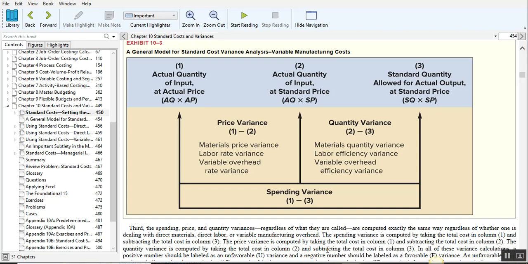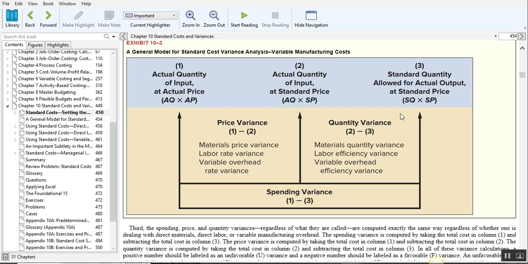So again, when we look at the actual quantity of the input at the standard price and subtract out the standard quantity times the standard price, the difference that we're going to get is the difference between standard quantity and actual quantity, which is a quantity variance. So we have a third kind of variance that we can have when we take the actual quantity of input at actual price and subtract out the standard quantity at the standard price.